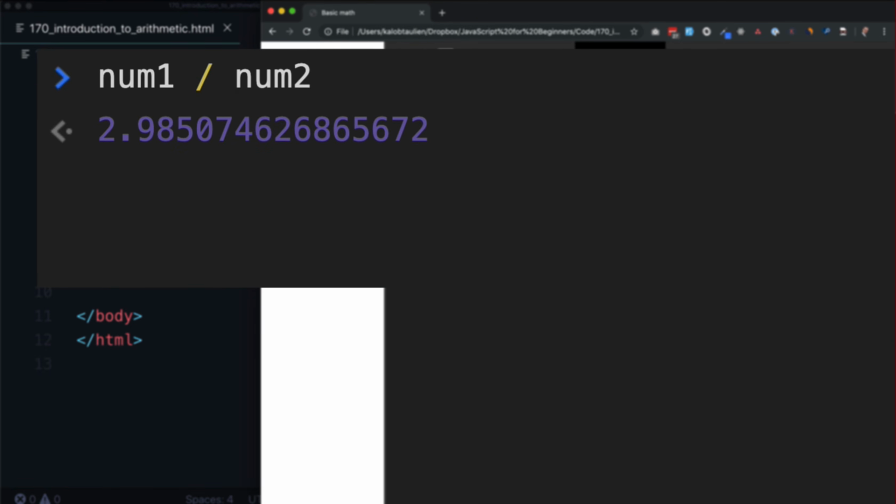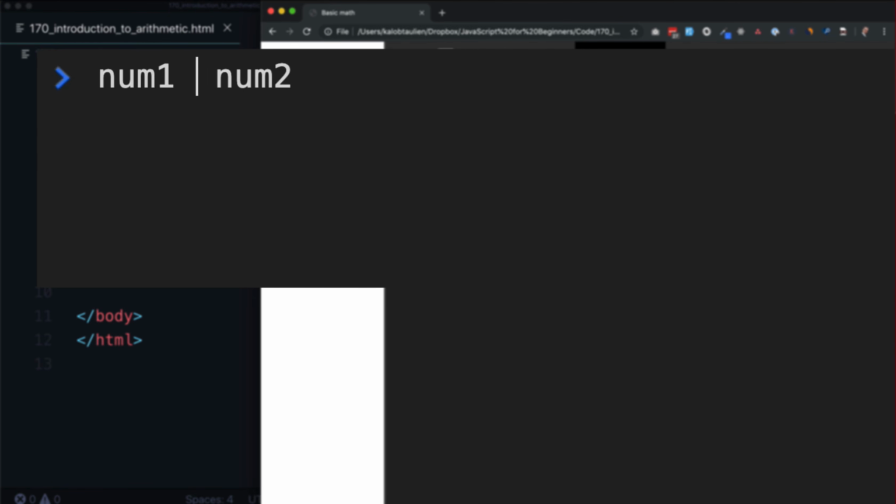So you've got a division sign here. Multiplication is your asterisk. Subtraction is just a dash, just the subtract sign. And then the plus sign to add. And if you wanted modulus, you could use the percent sign. And if you wanted an exponent, you use two asterisks side by side. So it looks like multiply, multiply, which is exponents.